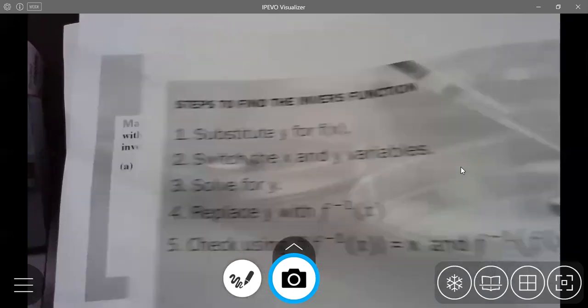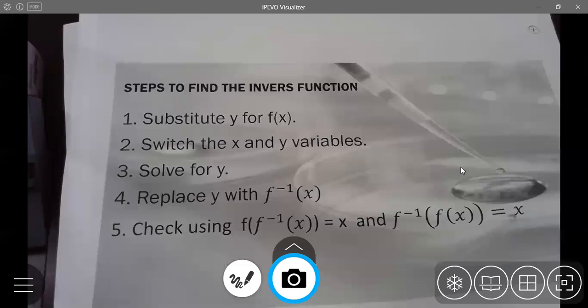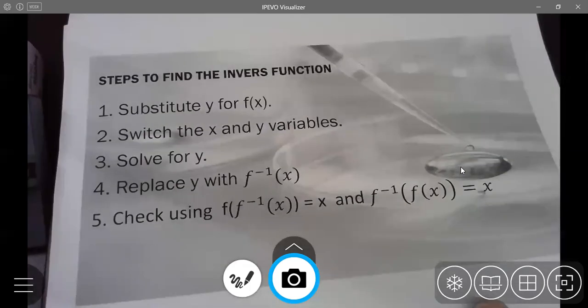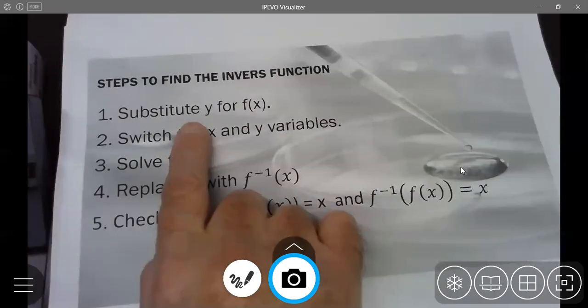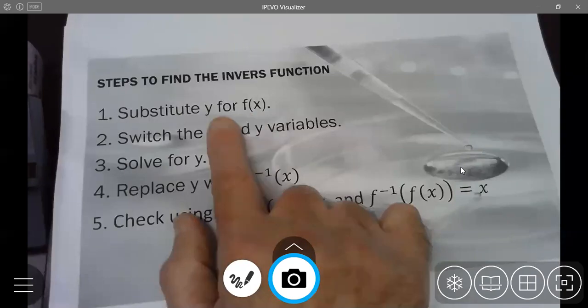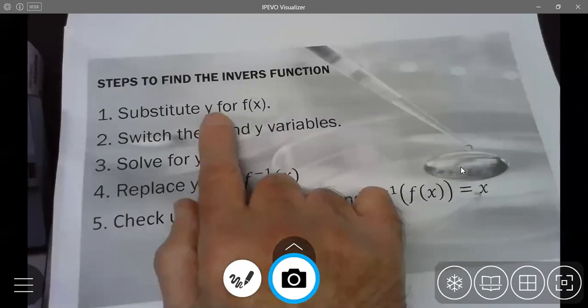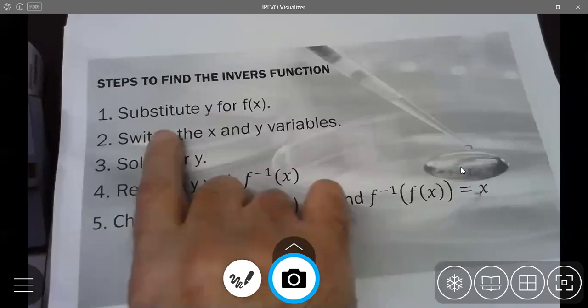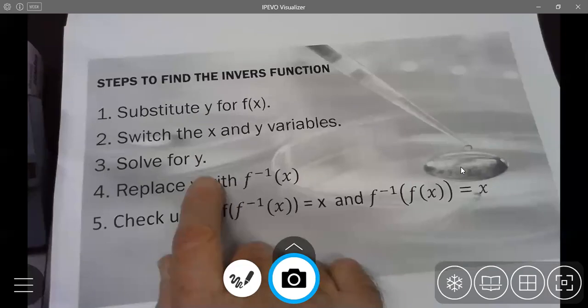So how do we find the inverse of a function? First thing we do is substitute y in for f of x. Y and f of x mean the same thing. We can say y equals f of x. So we put y in its place. Switch x and y variables, solve for y.